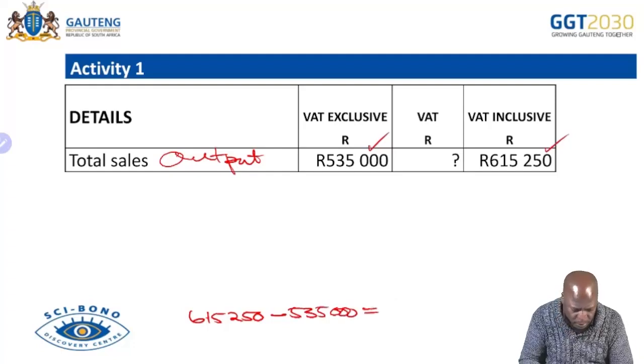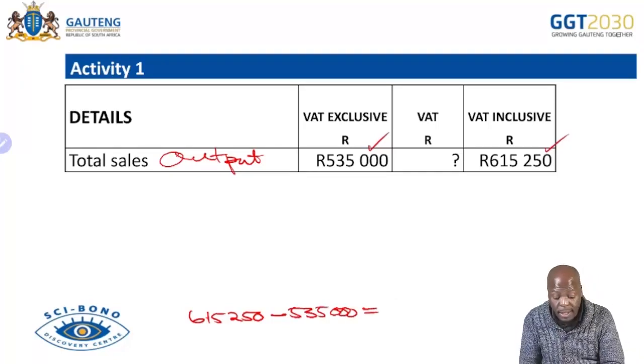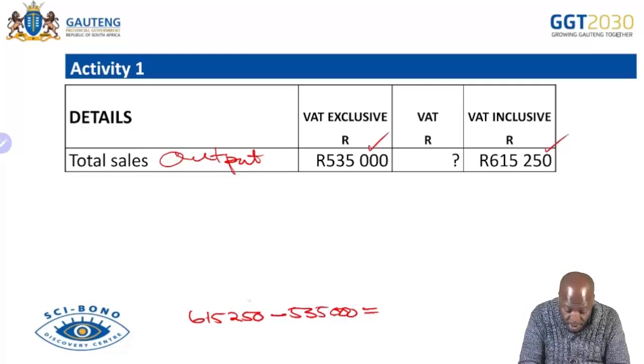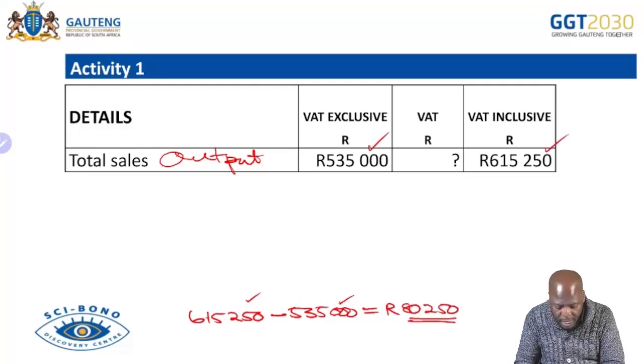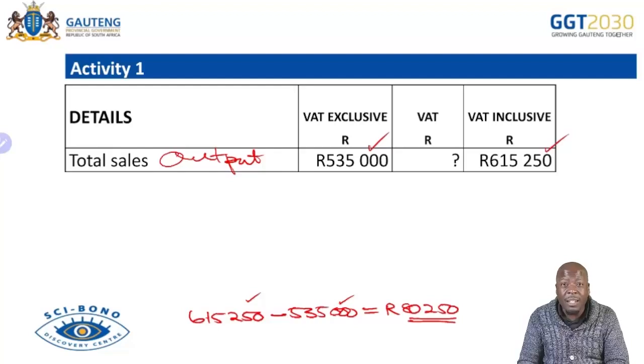I just get the difference here. Please punch it in your calculators. How much do you get? When you say 615,250 minus 535,000, I'm told it is 80,250. All right. So that becomes my output VAT, 80,250.